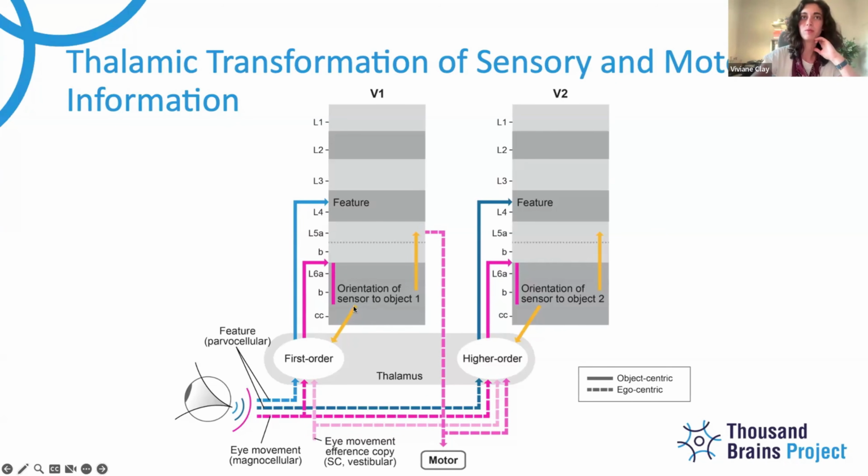And the proposal is that this is done by the layer 6B projections to the thalamus. The idea is that layer 6B represents the orientation of the sensor to the object represented in this column. And this orientation is sent down here and then used to rotate both the incoming movement information and the orientation of the features.